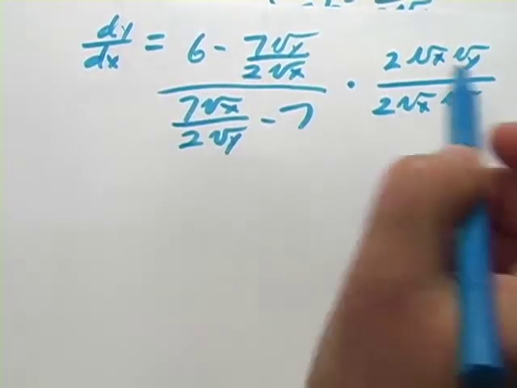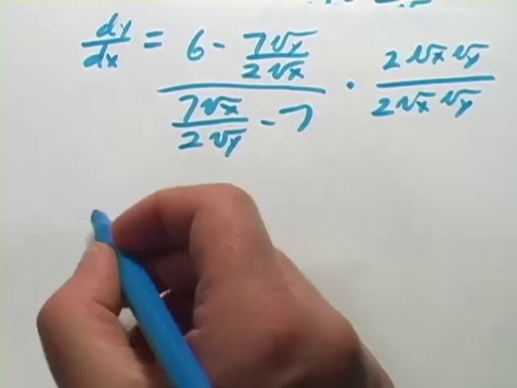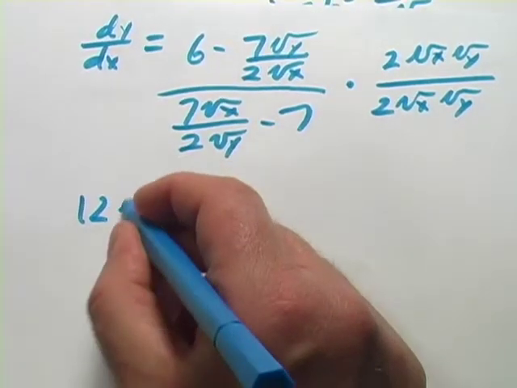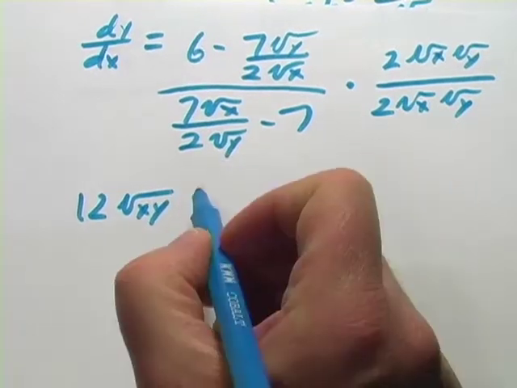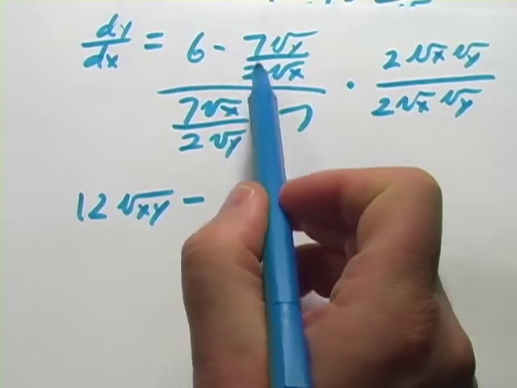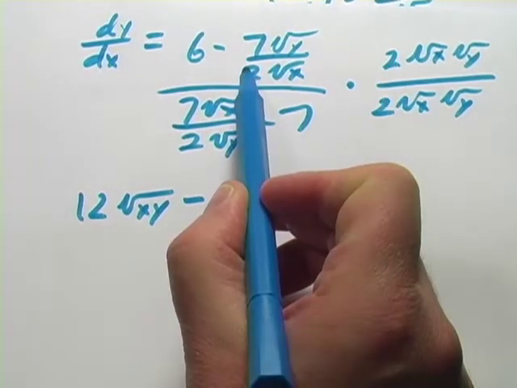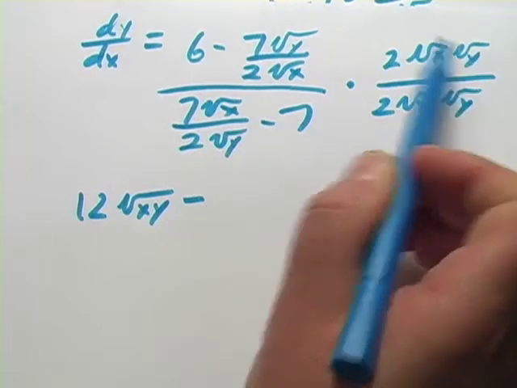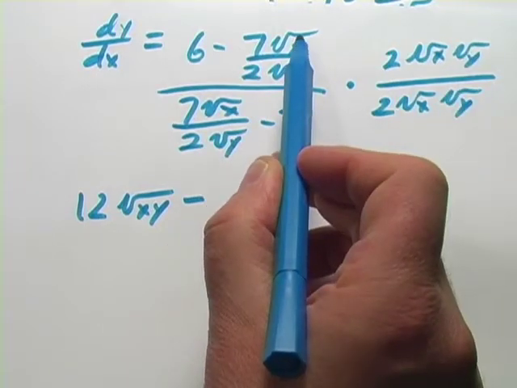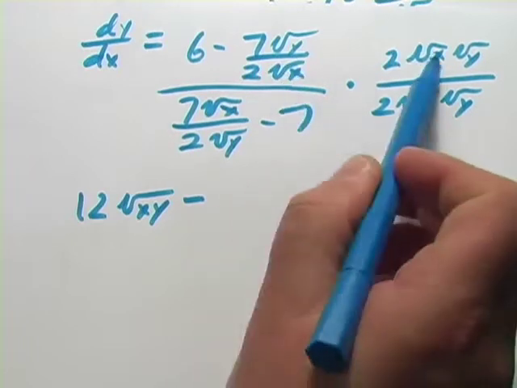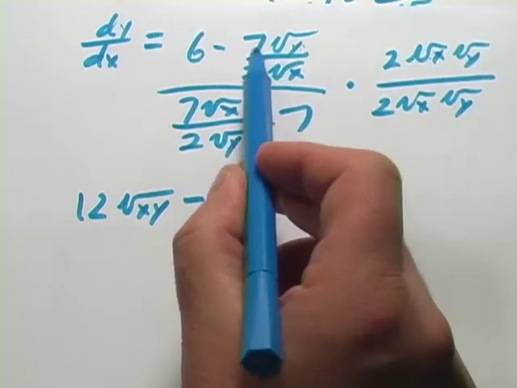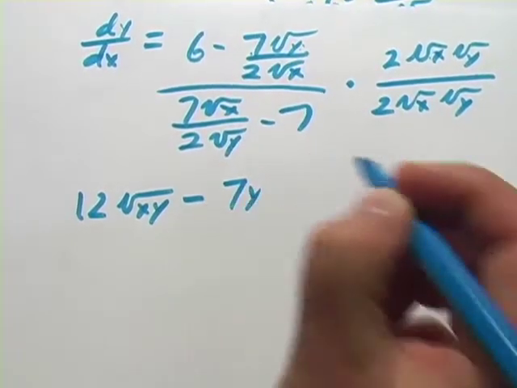And what will happen is that the 6 will get multiplied by that, so that's 12 square root of xy minus, and here the 2's will cancel, and the square root of y times the square root of y will just turn that into a y, and the square roots of x will cancel. So this becomes just 7y.